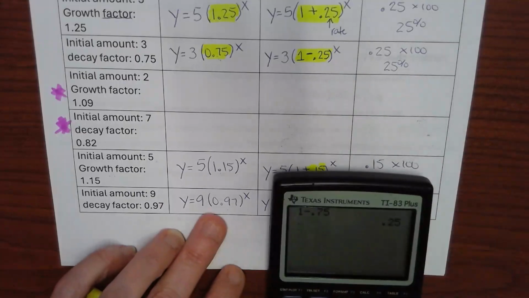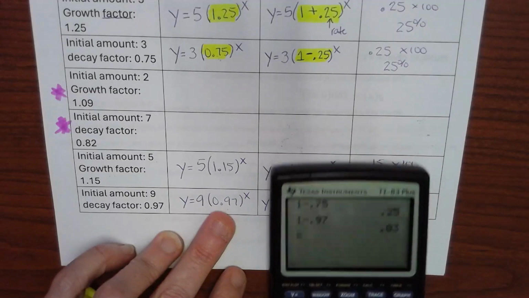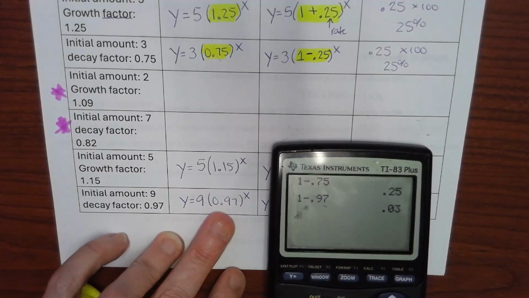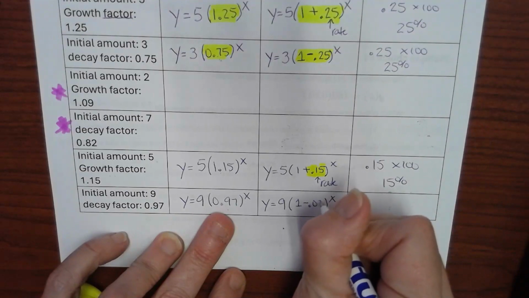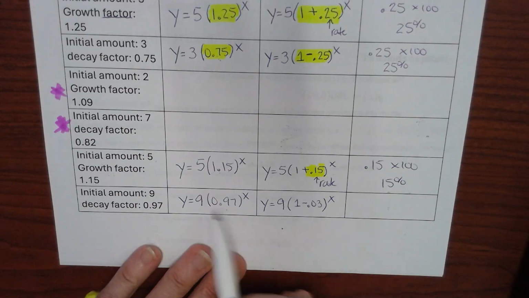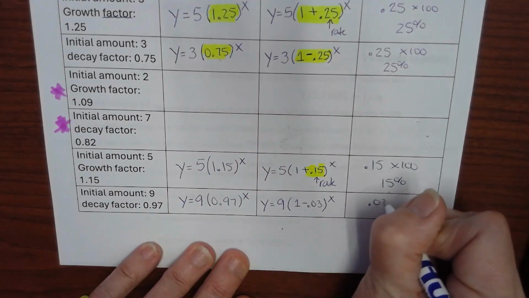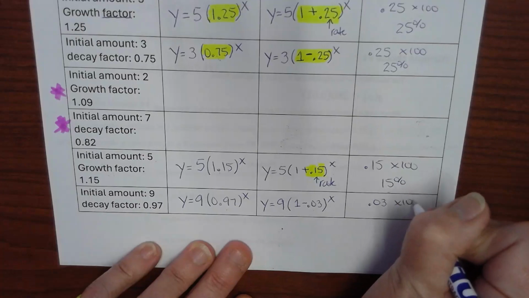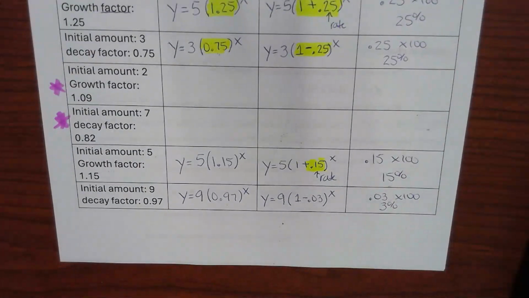And some of y'all can do this in your head, but all I'm going to do is put 1 minus 0.97 in the calculator to find out the 0.03 is what goes in here. Why? Because 1 minus 0.03 is 0.97. These are equivalent expressions. And now I can pull my rate right out. It's 0.03. And when I multiply by 100, it is a 3% decay rate.